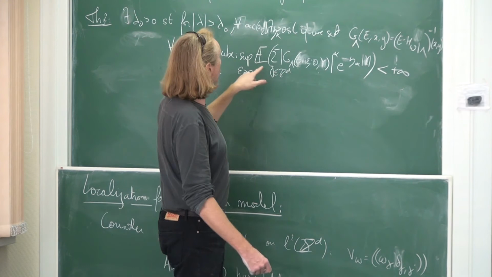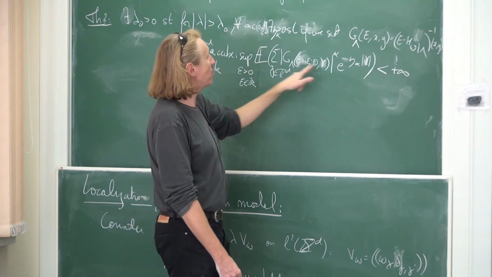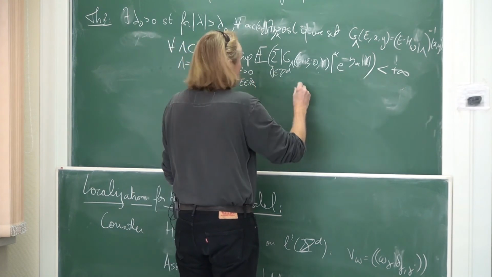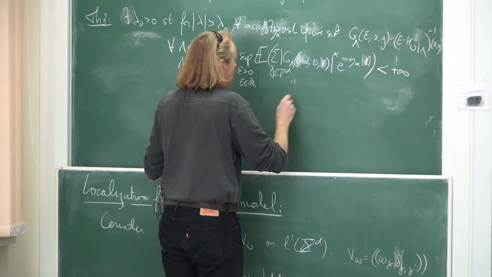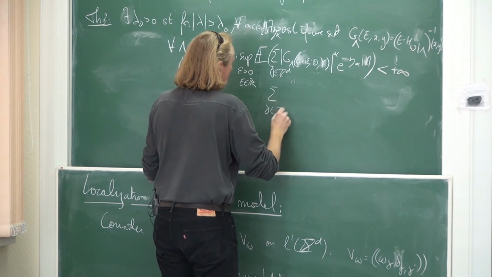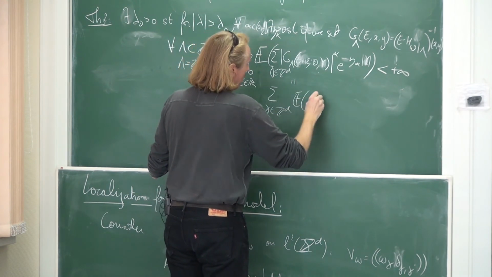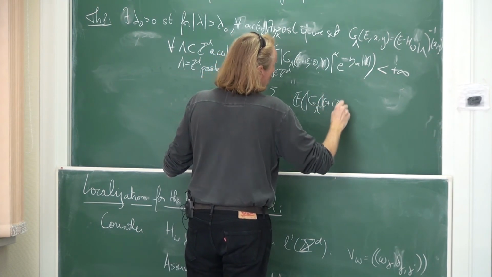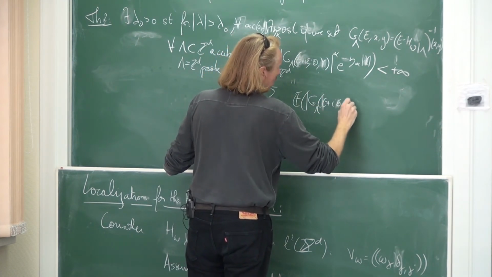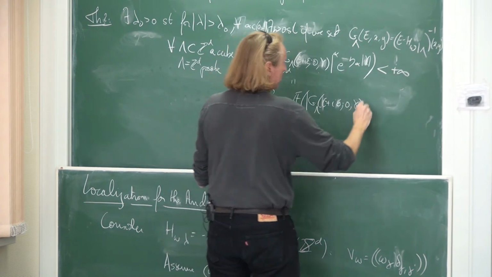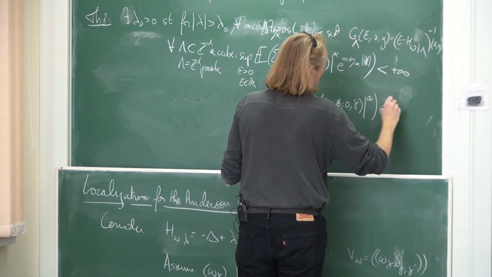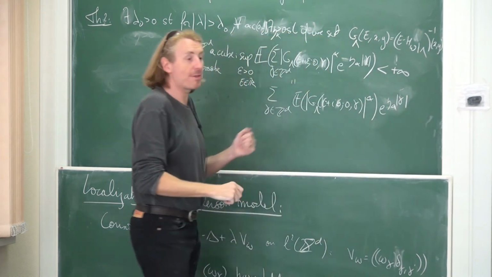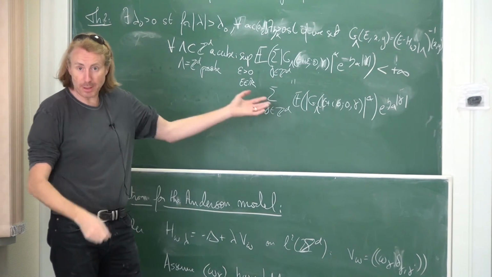And moreover, because of Fubini's theorem, I could put the average inside here. I could take the sum and the exponential power and get it out of here. By Fubini, that's the same as this, just because these are positive quantities.